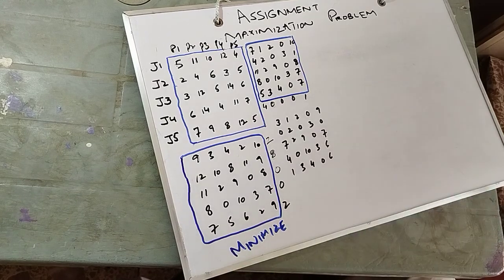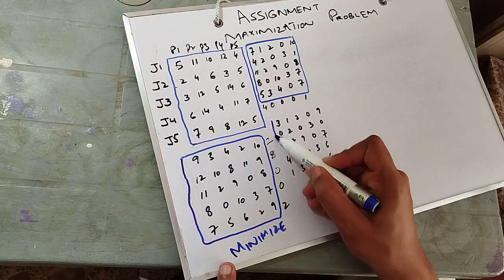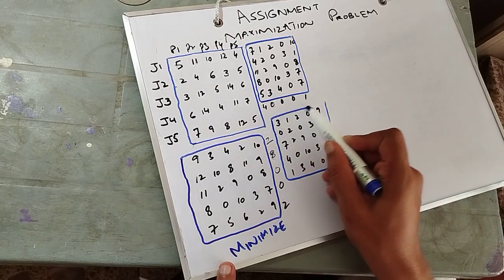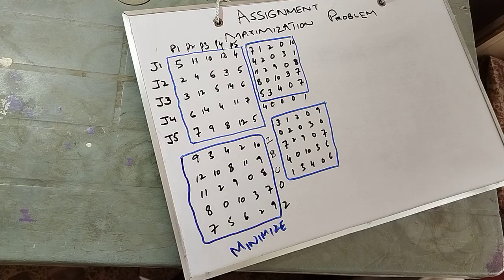The new matrix is here. So this is the new matrix we have come up with after the row and column reduction. 3, 1, 2, 0.